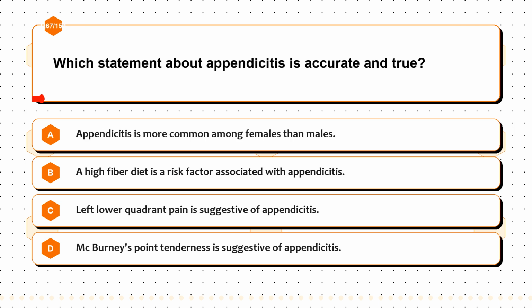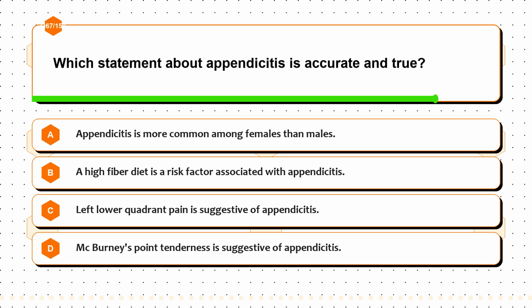Question 67. Which statement about appendicitis is accurate and true? Here are the options. Option A, appendicitis is more common among females than males. Option B, a high-fiber diet is a risk factor associated with appendicitis. Option C, left lower quadrant pain is suggestive of appendicitis.